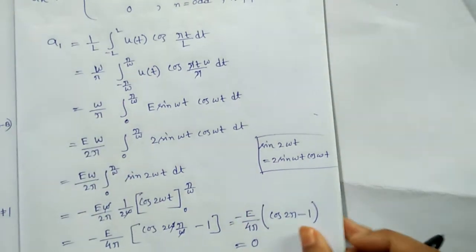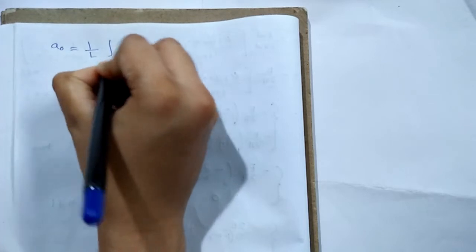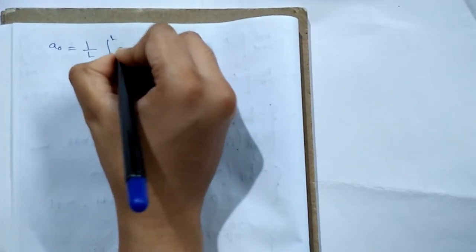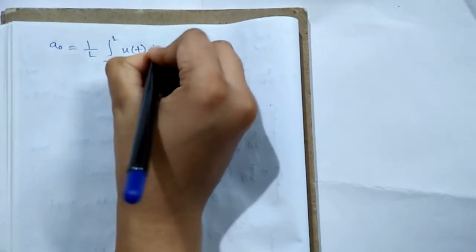Next, now we have to calculate the value of a0. So a0 equals 1 by L integration from minus L to L of u(t) dt.